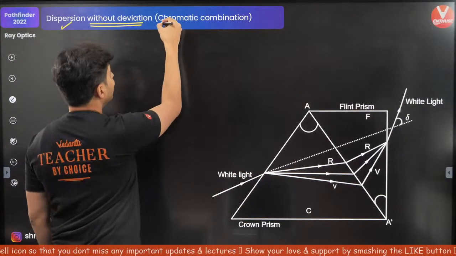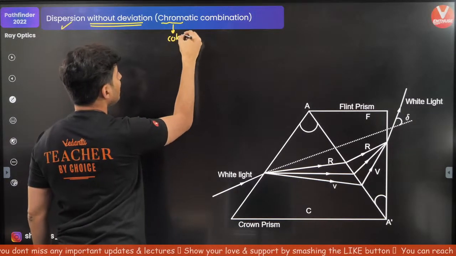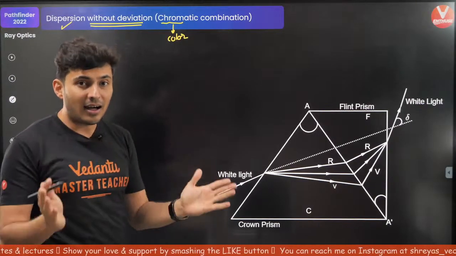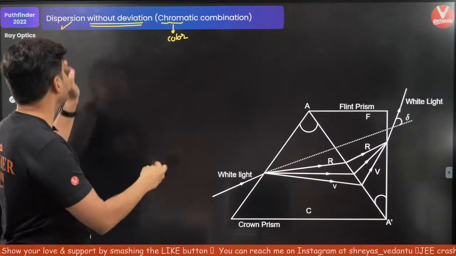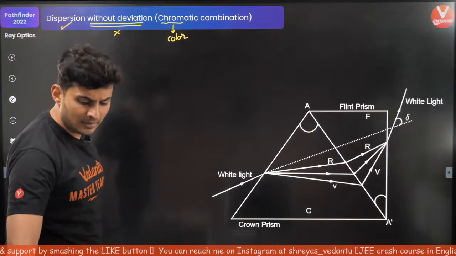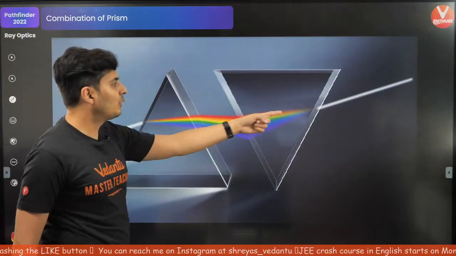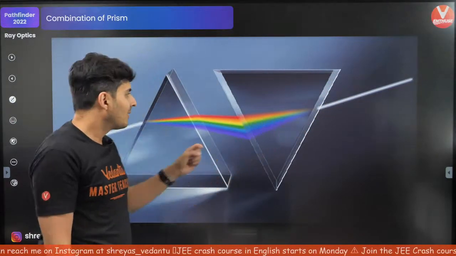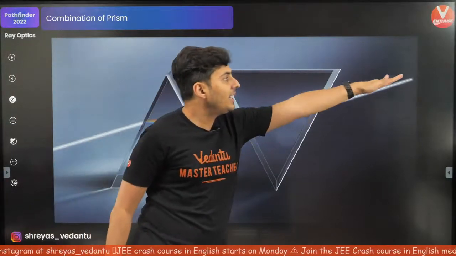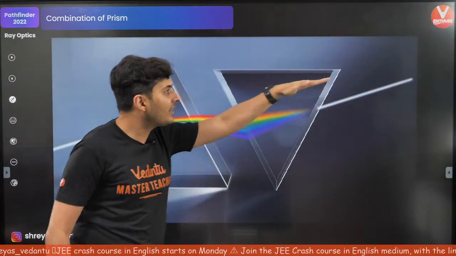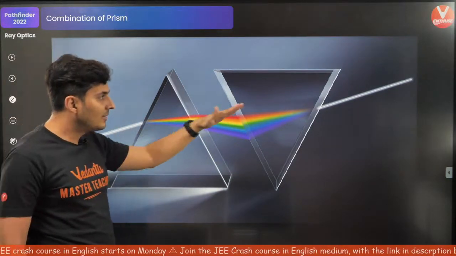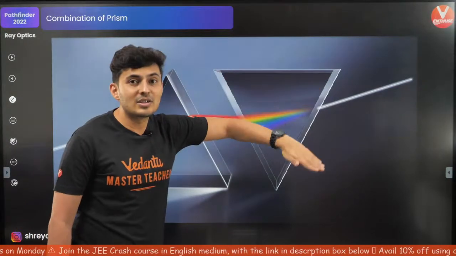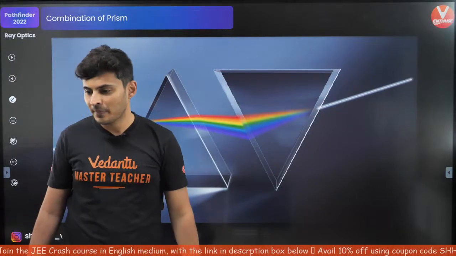Chroma is nothing but color. So in a chromatic combination, colors are spreading but deviation is not there. The light coming out from here has some spread, the colors are different, but the average light going out is parallel to the incident light. This light which comes out is parallel to the incident light. That's when there is no deviation. Is that understood?